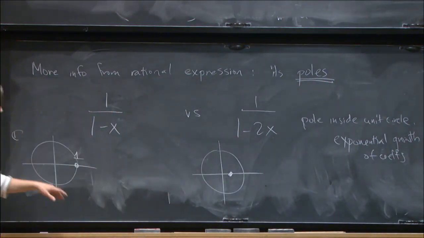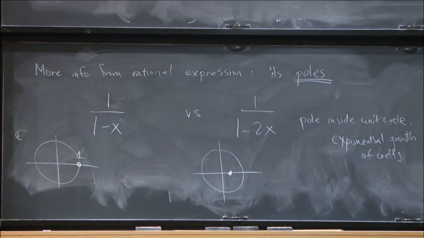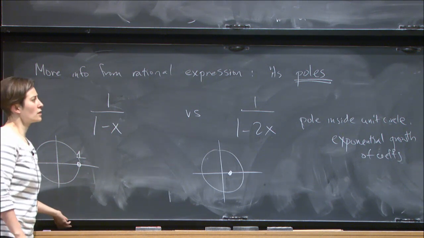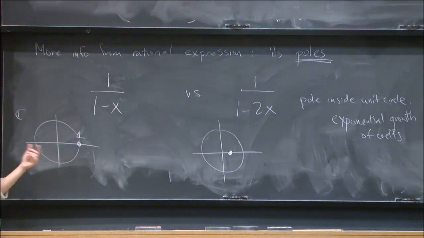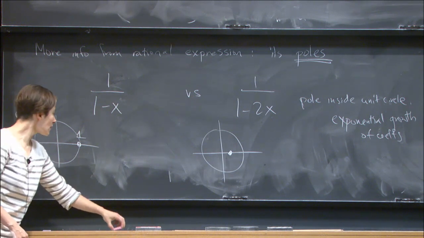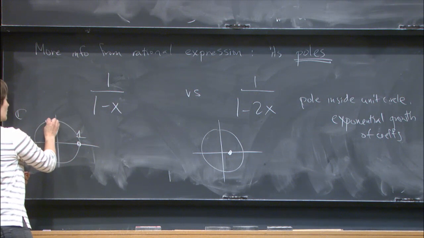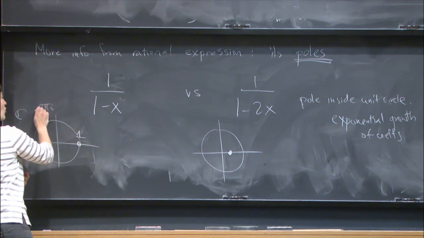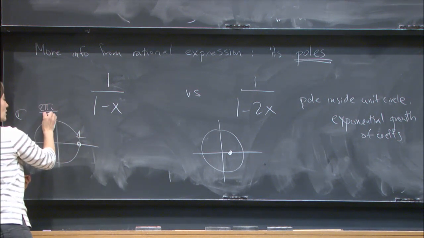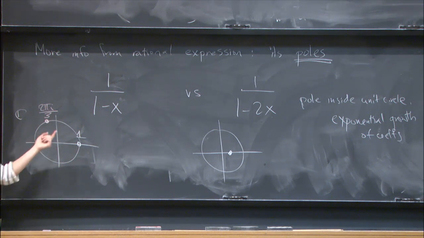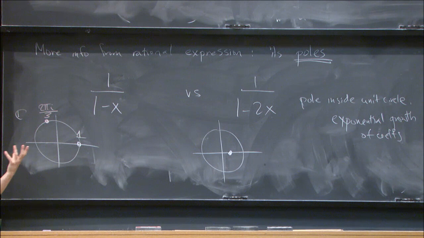Now let's think a little about poles on the unit circle. In particular, there's a special kind of pole on the unit circle that I want to explore for a moment. Frequently, the poles will actually be roots of unity. So they'll be values like e to the 2 pi i over 3, for instance, which have the property that when you raise them to an integer power, you get 1.